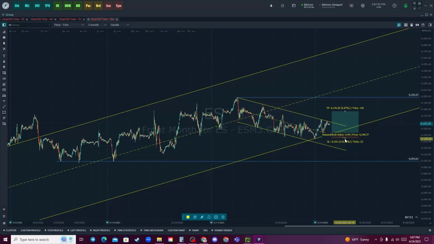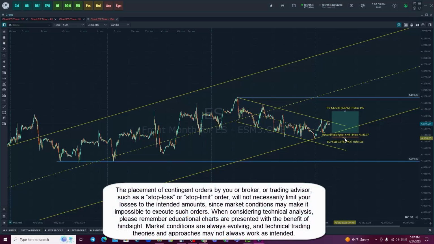Draw it out a little bit, and we said that a potential stop might be below this 15-minute downtrend channel. Our target, let's say, could be the top of the 4-hour channel.